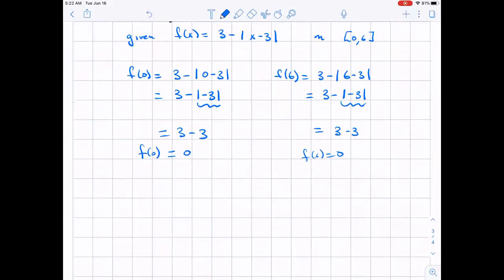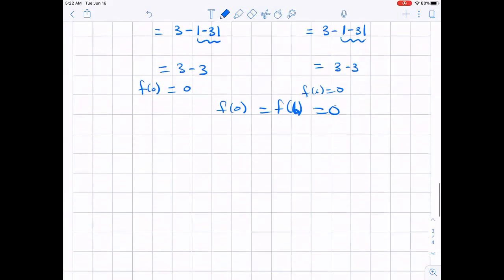And then you proceed to say, well, f of a, or f of 0, is equal to f of b, which is both equal to 0, and say, oh, Rolle's theorem will work. This just shows that f of a is equal to f of b.